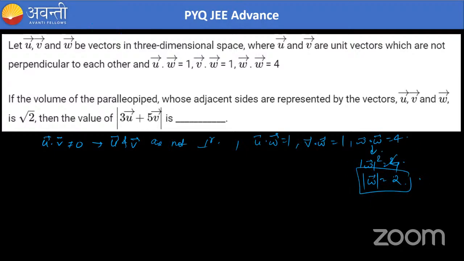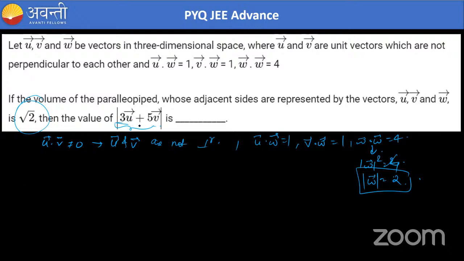Now, if the volume of the parallelepiped whose sides are represented by the vectors u bar, v bar and w bar is root 2, then find the value of mod of 3u bar plus 5v bar. Okay.